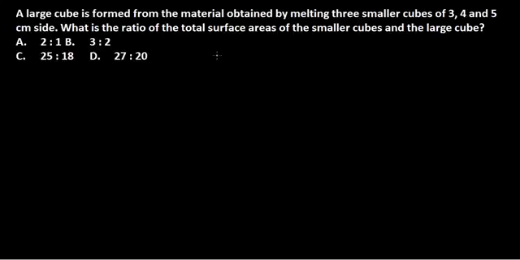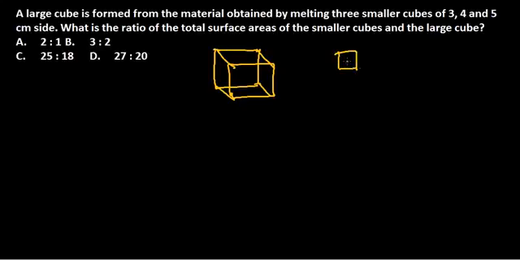The scenario in this case is that we have a large cube. So here I draw a large cube, a very large cube, and we form this large cube from melting three small cubes.